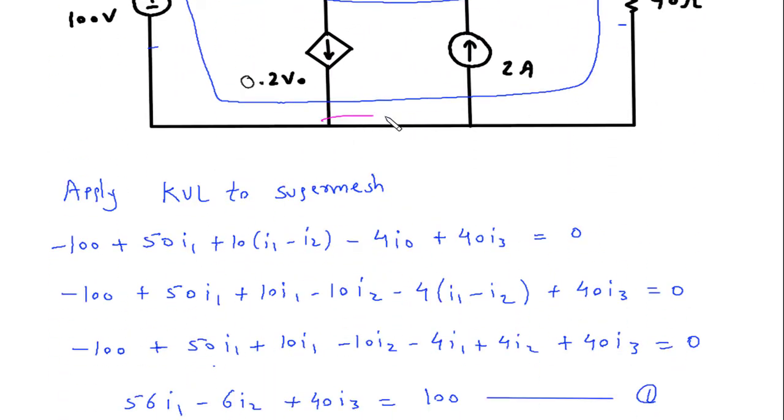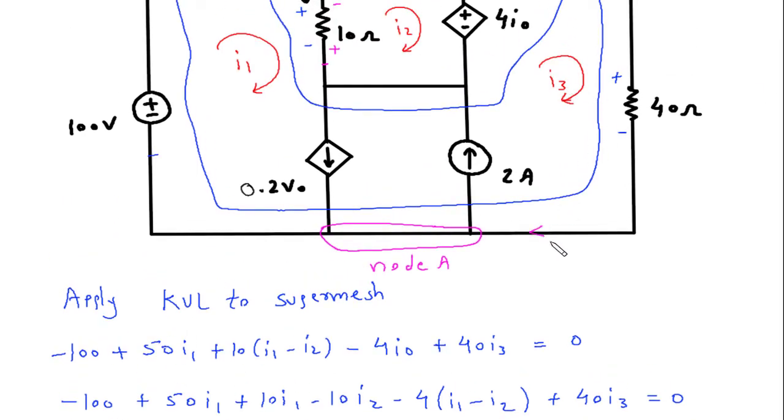Now here, let's say this is node number A. Now here this current I3 is entering. This is I3 and this current is I1.